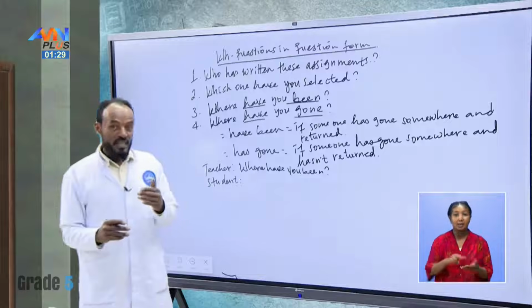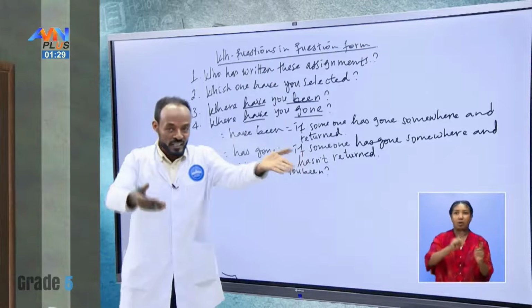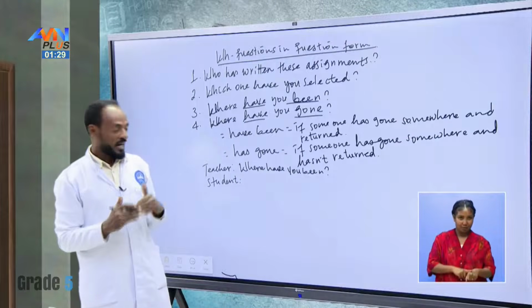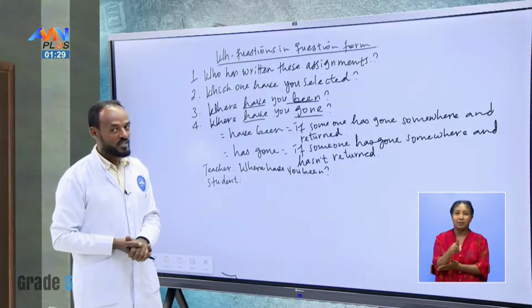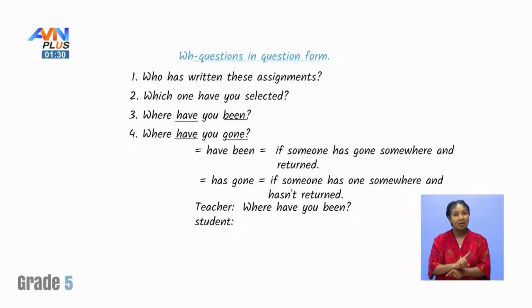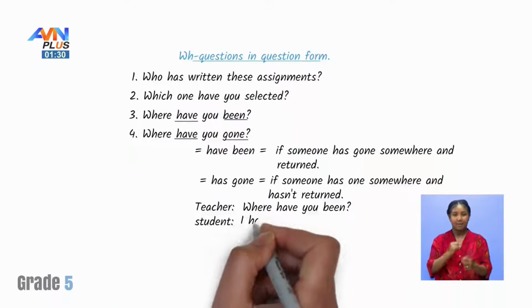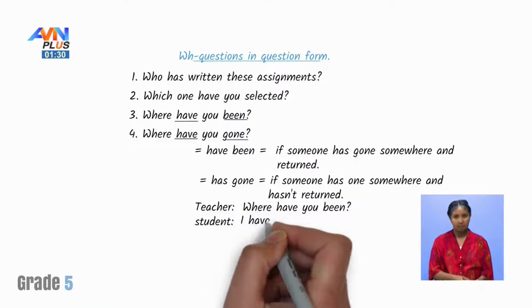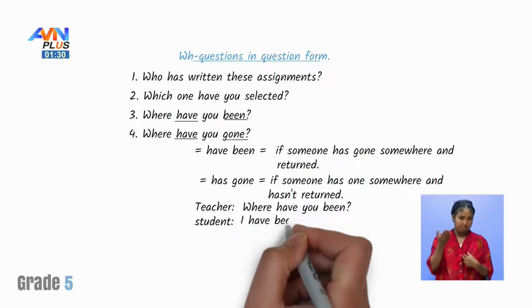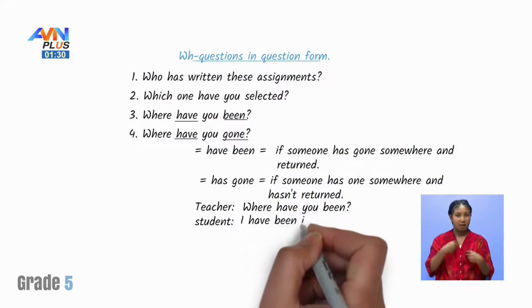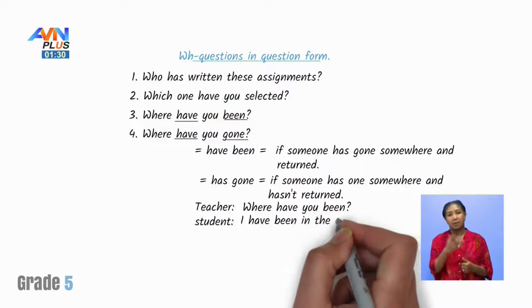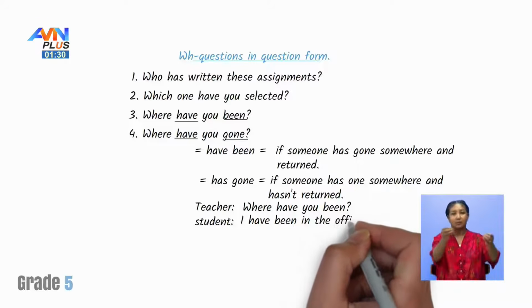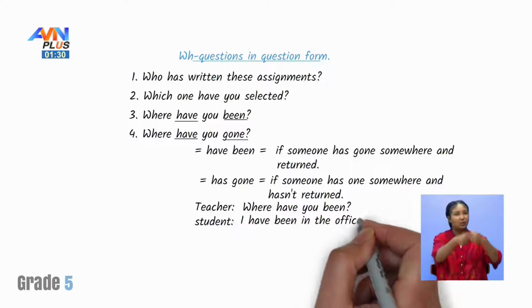This means you have gone somewhere and then returned, okay? At that time, your teacher can ask you such kinds of questions. So what can you say? I have been, yes, maybe in the office. I have been in the office.